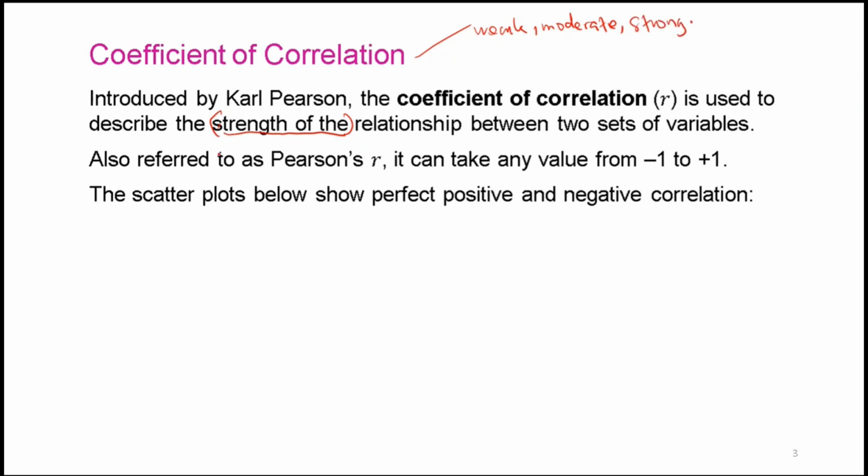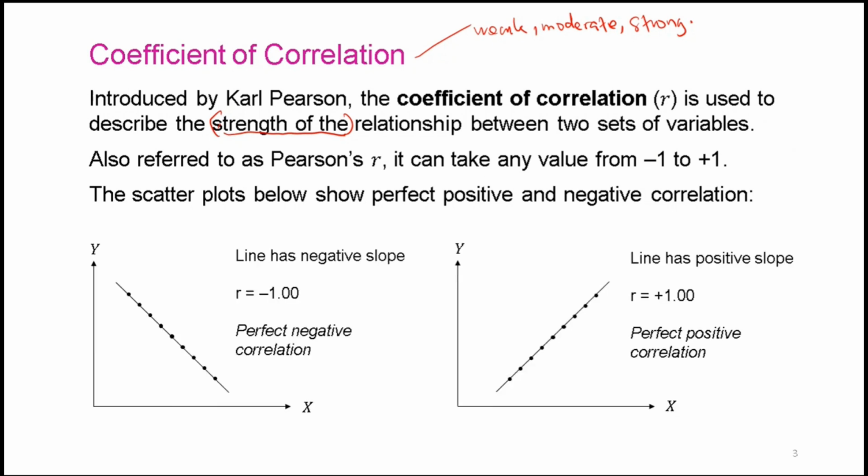Okay, so basically R can take any value from -1 to +1. Okay, so if the value is -1, it means this is a perfect negative correlation. So the scatter plot below shows perfect positive and negative correlation.